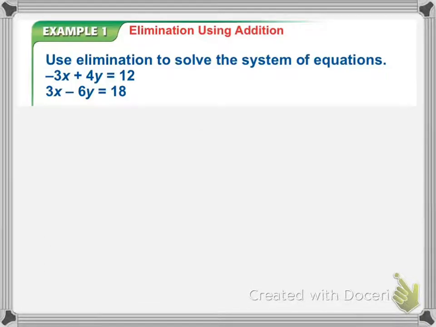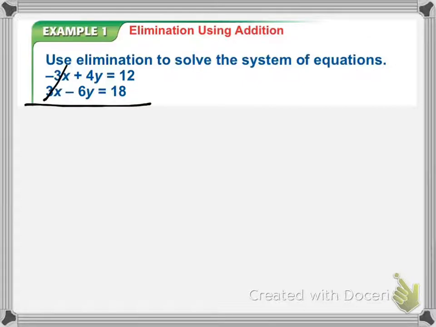Okay, here we go. So we are going to solve this particular system using elimination. What you want to look for are terms that are like terms but also opposites. So notice that you have a 3x and a negative 3x there. We really like that because we know right off the bat that those are going to cancel. So all you have to do is draw a line underneath it, and you know that those are going to cancel out, and then you combine like terms vertically.